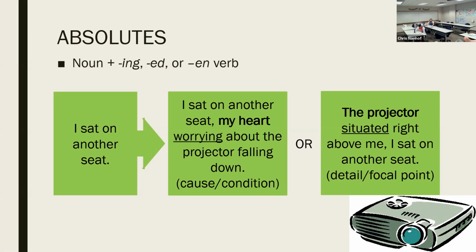So if you're looking for nuance, that last sentence, the projector situated right above me, as an absolute, is a really nuanced way of saying it. It's dressed up. It's all gussied up, right?